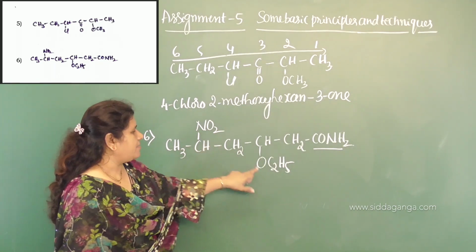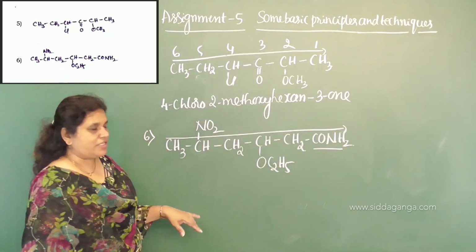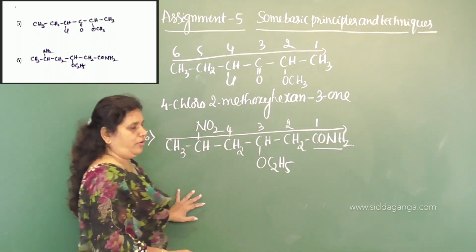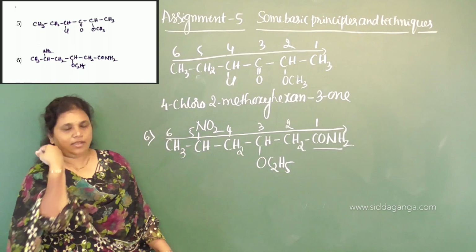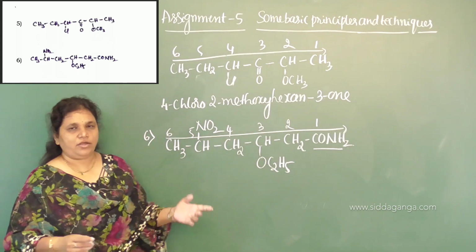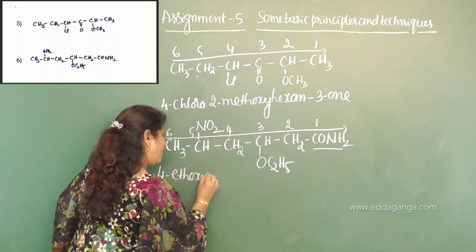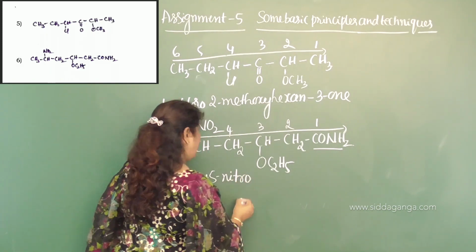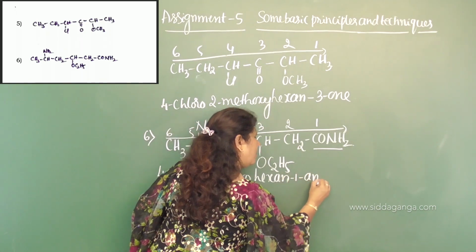Then these two become the substituents. Now you select this carbon chain, give the preference to the amide group. Therefore 1, 2, 3, 4, 5, 6. Now the ethoxy group is there, the nitro group is there. You need to arrange them in alphabetical order and then write the root word. So the name is 4-ethoxy, 5-nitro, hexane, 1-amide.